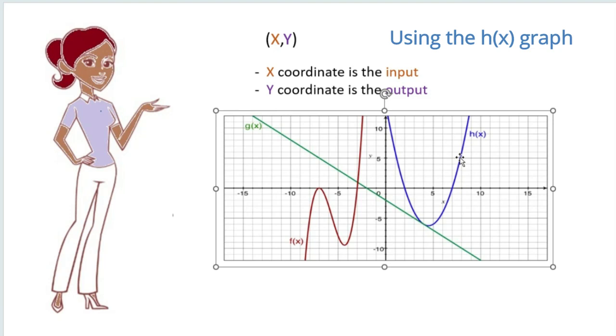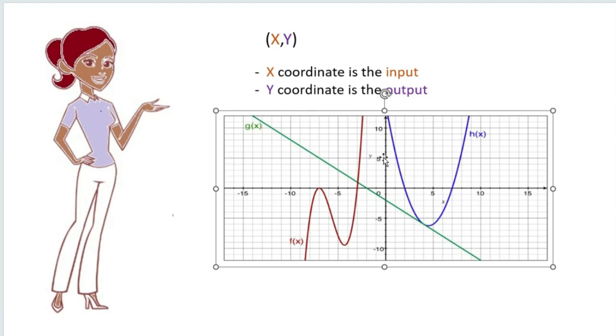And I can see my y-coordinate, which is going to be my output, is 5. So again, my input was along the x-axis. I find where my graph hits it, which is at this point here, and I go to where my y-axis is, and it says that's at 5. So that would be my output. So that's how we would use the graphs.